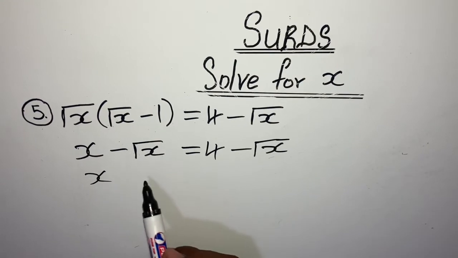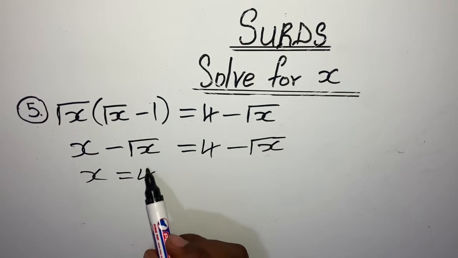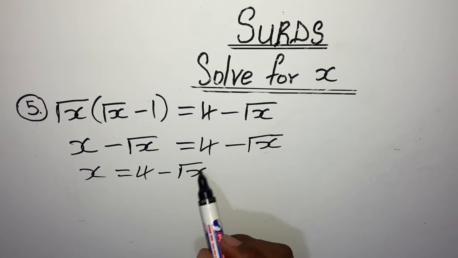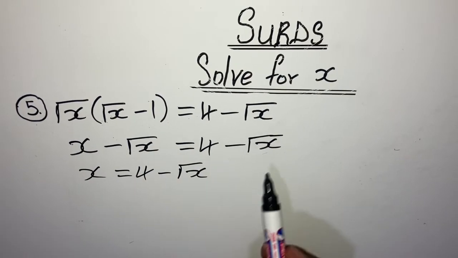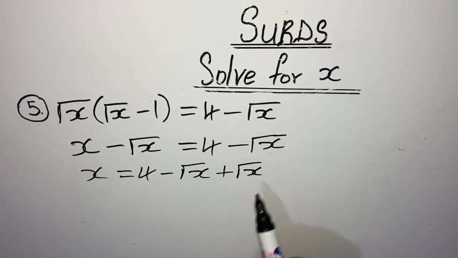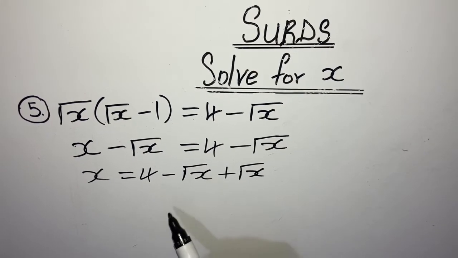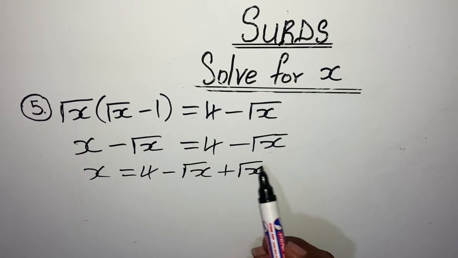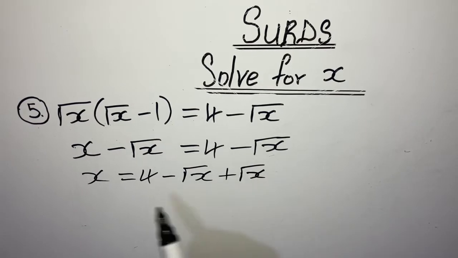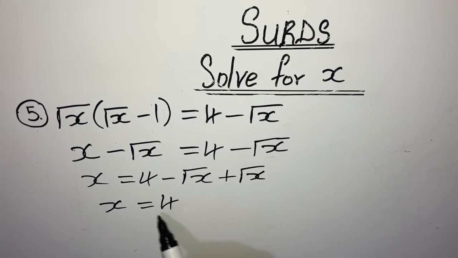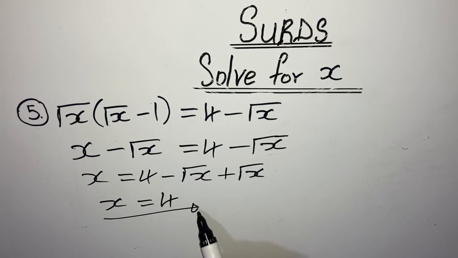So I take this x equals to a 4 minus the root of x. I take this root of x to the other side, I'll get a plus root of x. So these two will cancel out. Negative root of x plus a root of x, they are gone. So what remains is actually x is equals to a 4. So that's my answer.